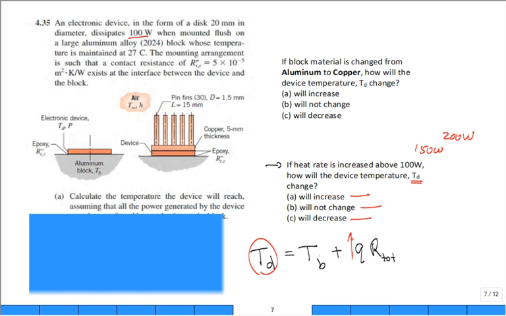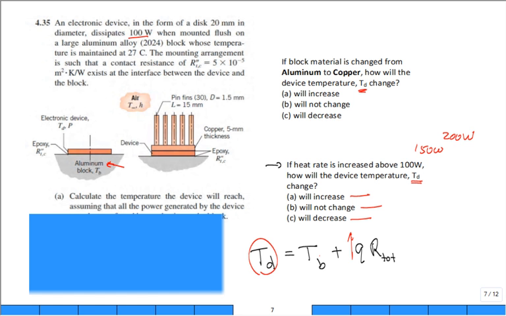If I just say, no, don't use aluminum, use copper, how will T_D change? Did I give you enough time, everybody in? All right, we'll go ahead and stop it then.